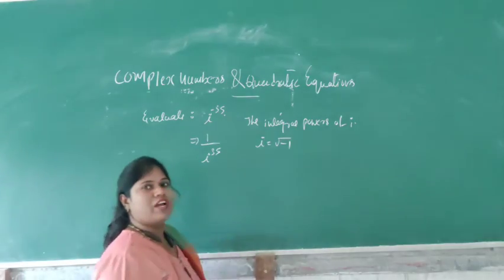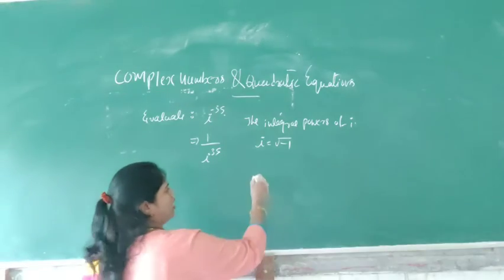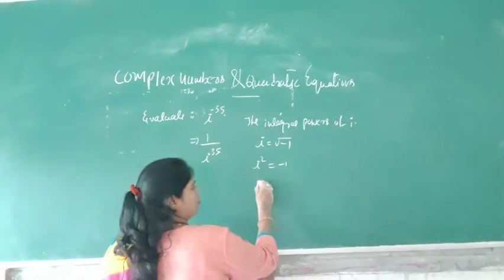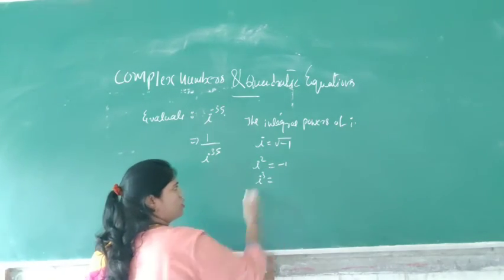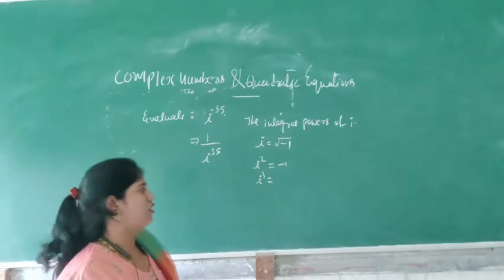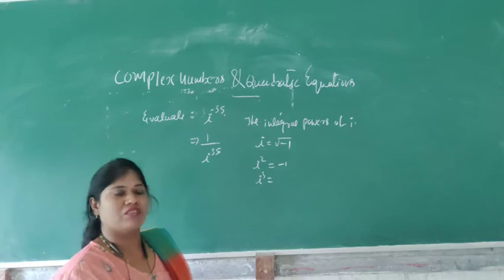The concept of i, the iota: i is equal to square root of minus 1, i square is just minus 1. If you know i square value and i equals square root of minus 1, you can find out any integral powers of i.